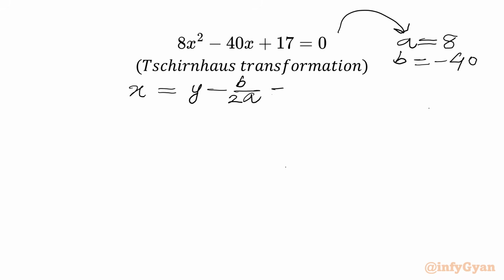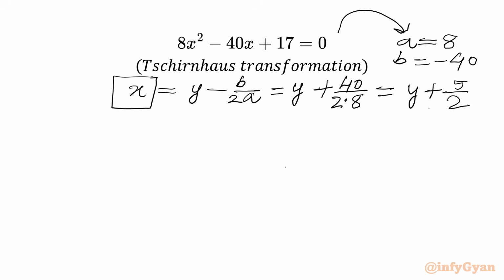So we will get y plus 40 over 2 times 8. So this will become y plus 5 over 2. We have substitution x equal to y plus 5 over 2, which we are going to plug in here.